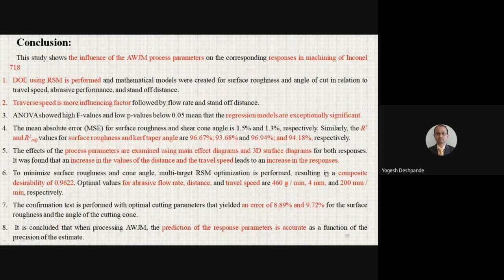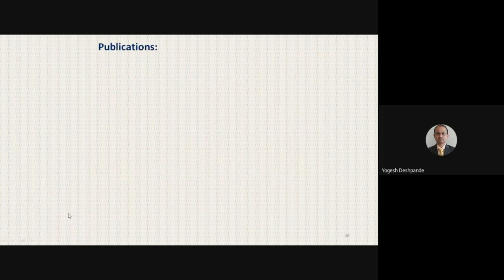Also, the optimum values of abrasive flow rate, travel speed, and standoff distance are useful for machinists of AWGM. And the proposed study, Jaya and TLBO, would be helpful for the shop floor industry for enhancing the productivity of Inconel 718.